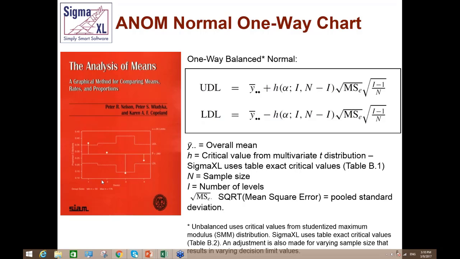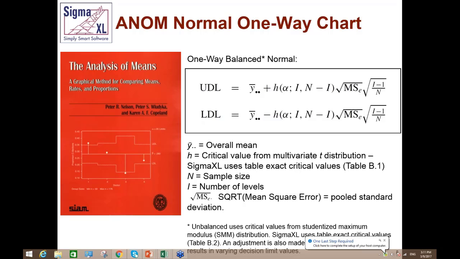And the y-axis can be a mean, continuous normal mean, or the mean of a proportion, or a mean rate, or a variance, or a standard deviation. And the general formula is the grand average, or the overall average, plus a constant. And this is the part that Nelson, Ludica, Copeland, Ott, and others have worked to develop the critical values that are necessary for the ANOM charts to work properly.